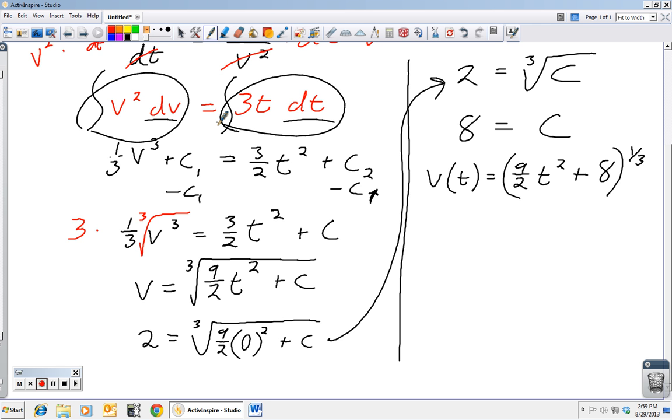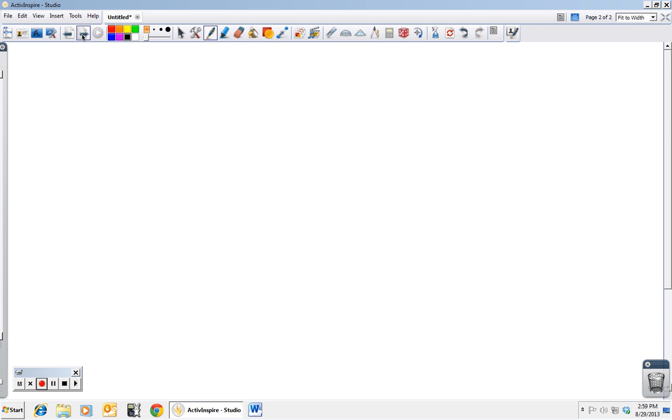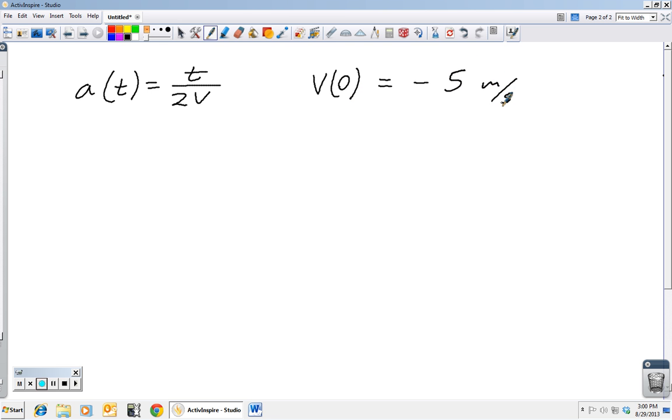Here is the problem that I want you to work for homework. We are going to have a of t equal to t over 2v, and our initial condition is going to be v naught is equal to -5 meters per second.